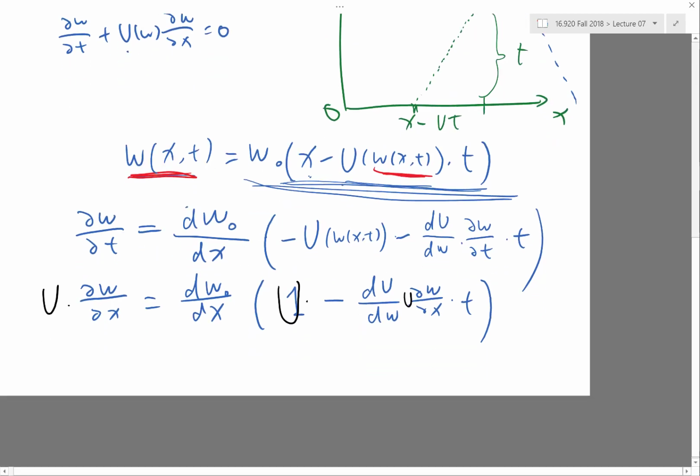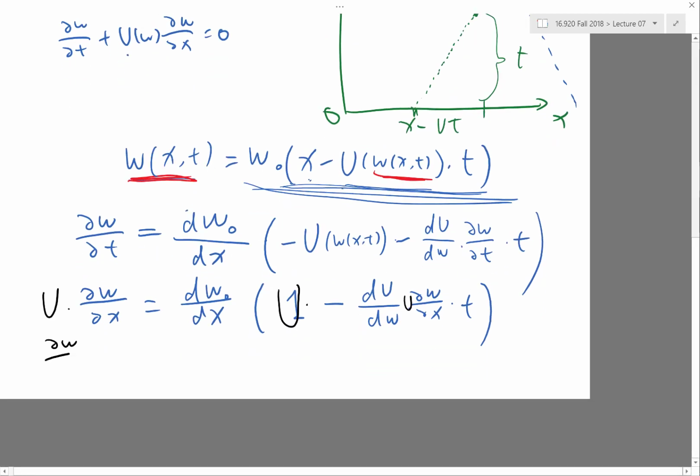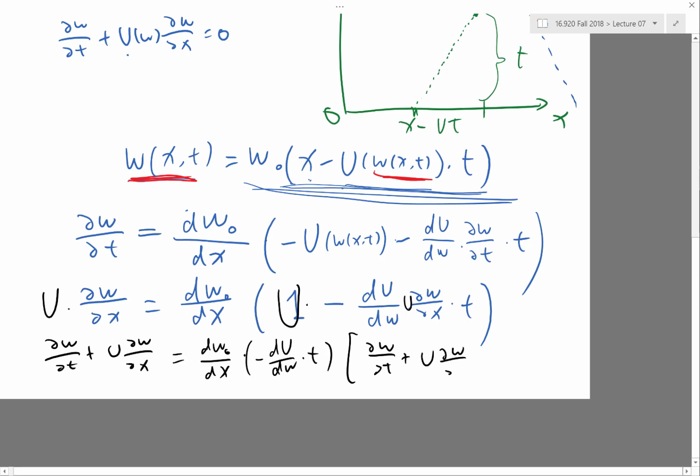If you add them up, the differential equation becomes dw0 dx times minus du dw times t times the differential equation. So we can see that the solution should make the differential equation equal to 0. All right, any questions on that?